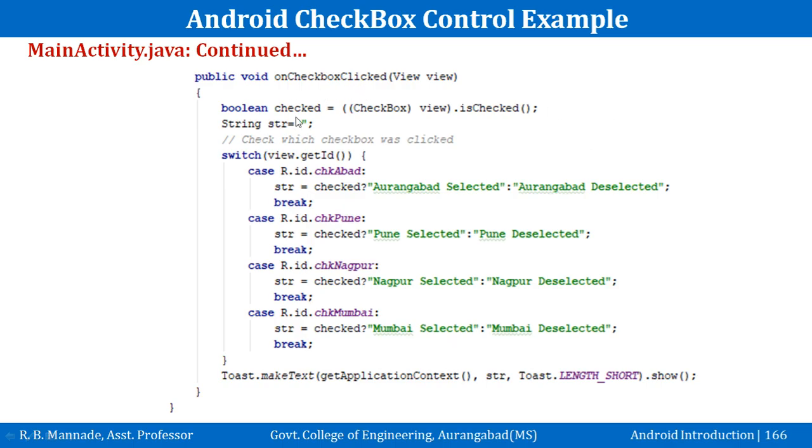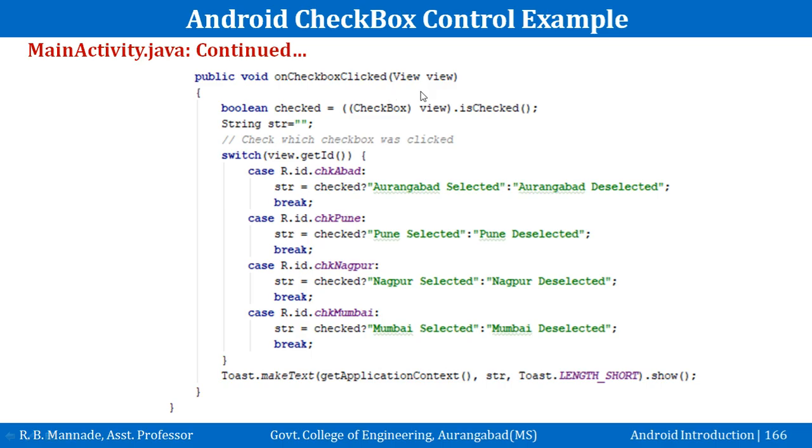Whenever that particular checkbox is selected or deselected, this method will be called. Here we are extracting the state of that checkbox button. Whenever the user clicks on a checkbox, its onCheckboxClicked method is called by the Android system, and an object of the View class is received as a parameter.